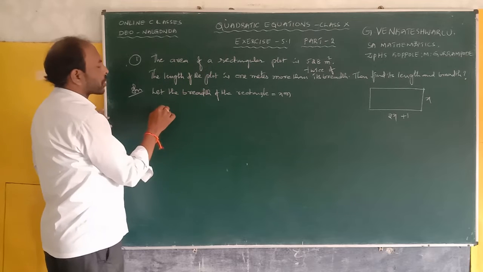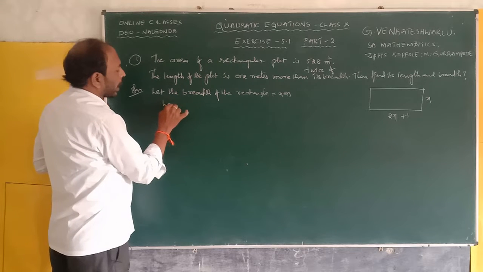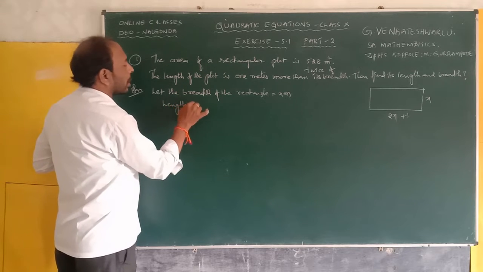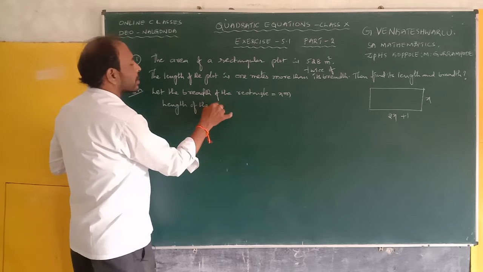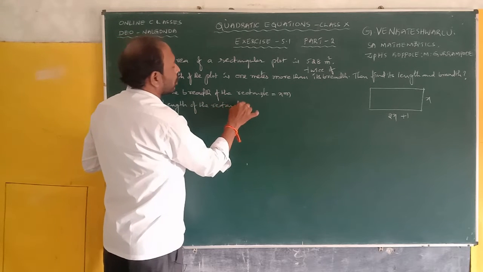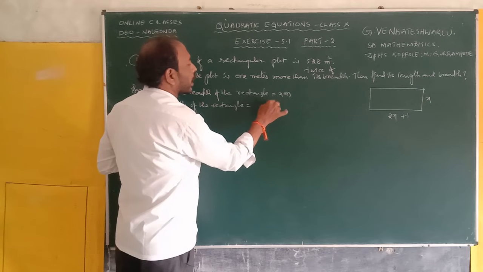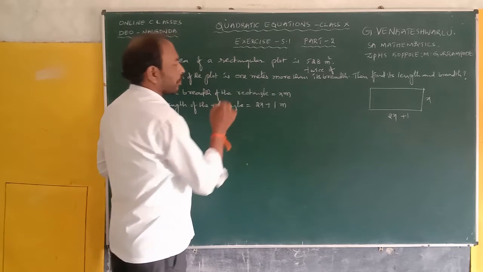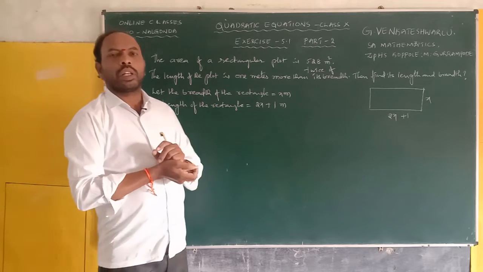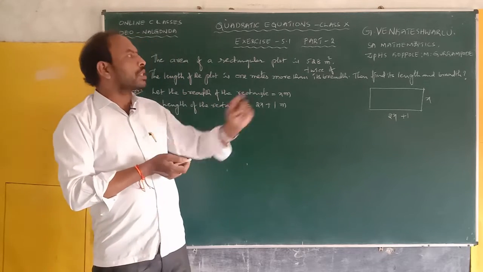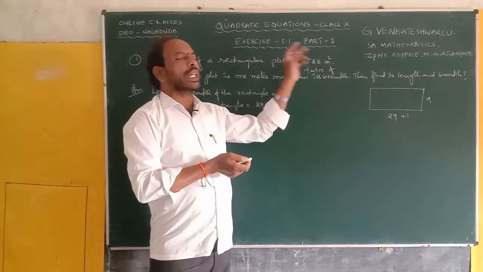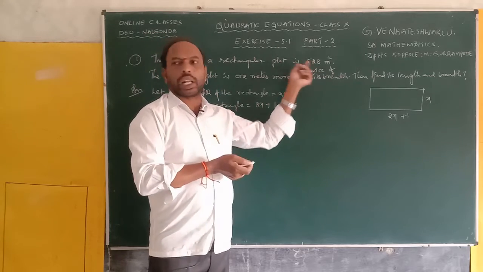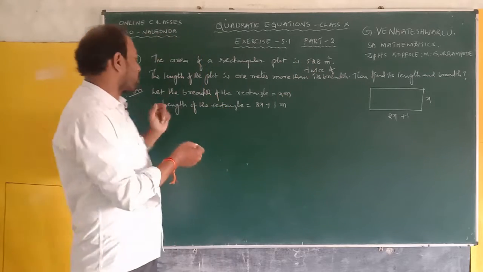Then by the given condition, the length of the rectangle is 1 meter more than twice its breadth, that is 2x plus 1. Here it is the first condition. And the second condition is that the area of the rectangular plot is given as 528 meters square.